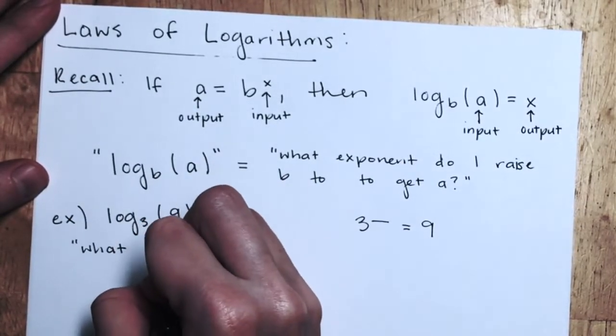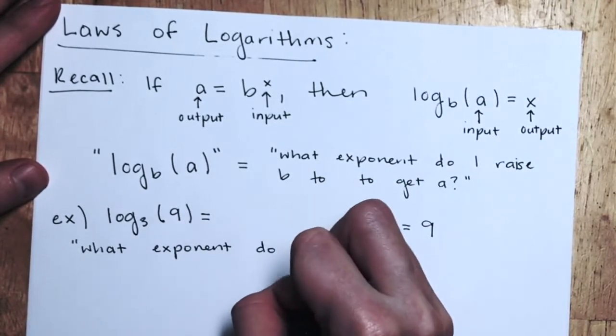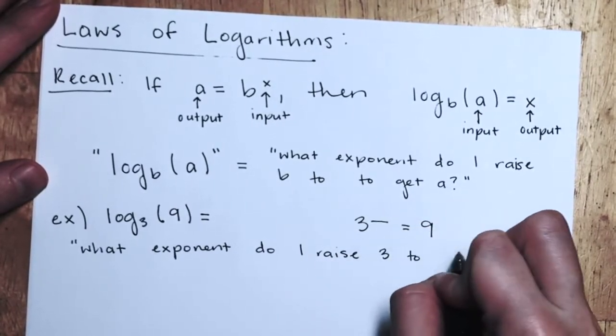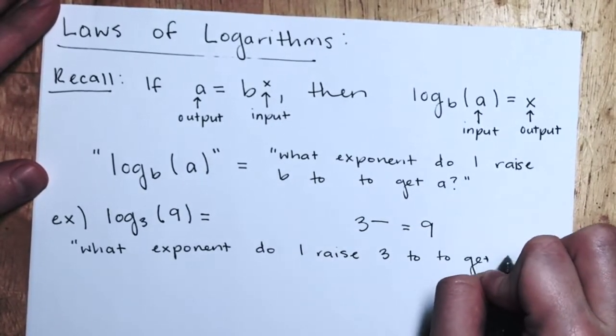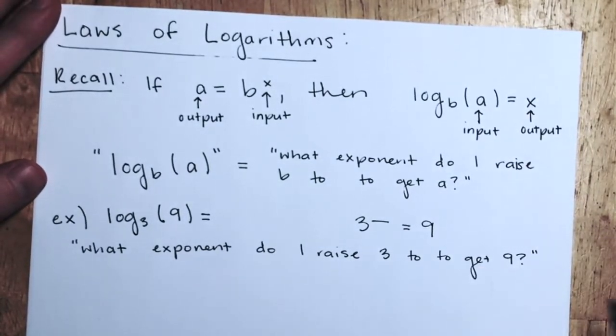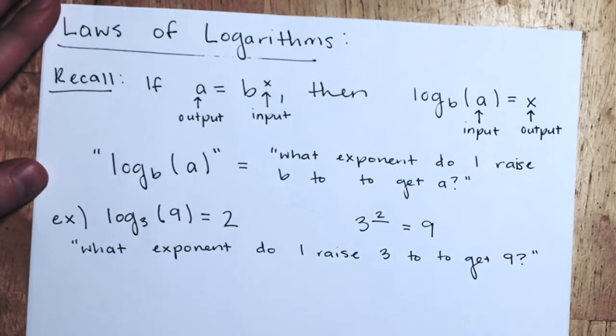What exponent do I raise 3 to get 9? What's the answer? 2, right? 3 squared is equal to 9. So the answer overall is 2.